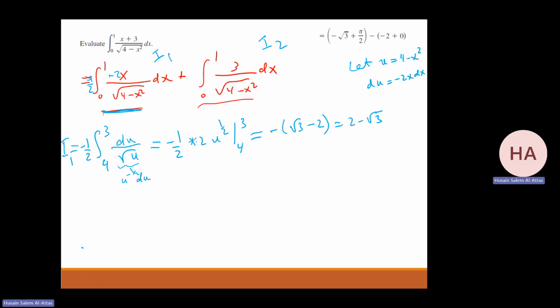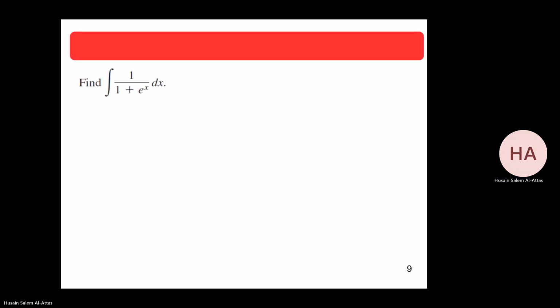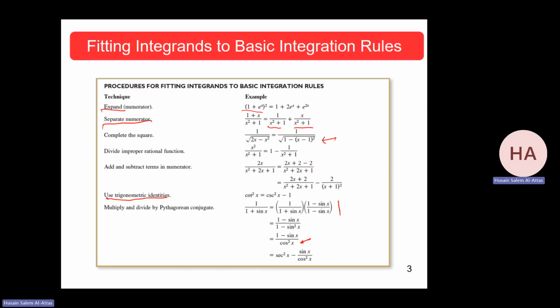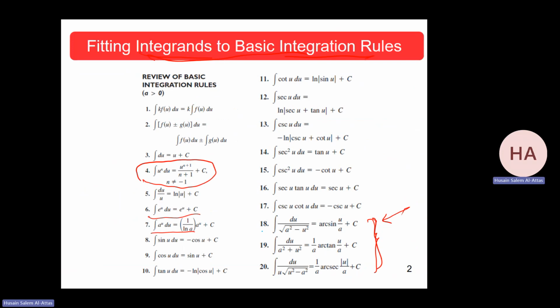Now I'll go to the second one, I2, which is the integral from 0 to 1 of 3. Let me take the 3 out. I have 1 over square root of 4 minus x squared, which is similar to this one. So my a is 2.